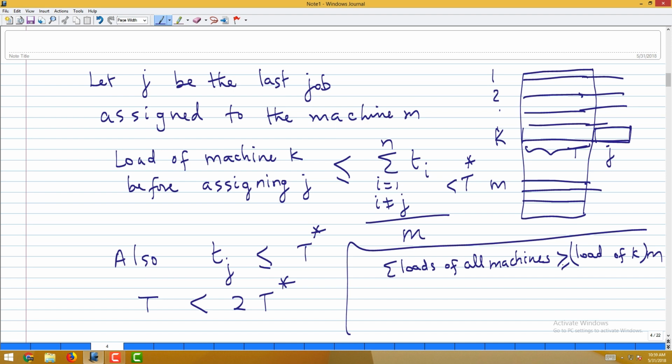But what is the sum of the loads of all machines? This is exactly equal to the sum of all the times except T_j, so summation T_i, i not equal to j. So from here I get the load of K at that time is less than or equal to summation T_i, this quantity, whatever.